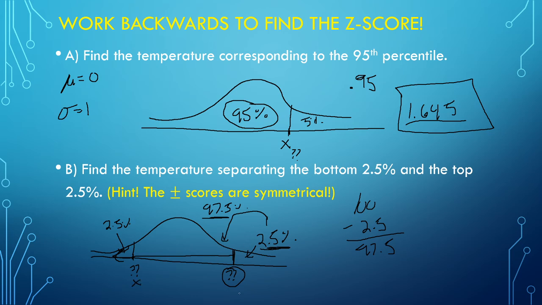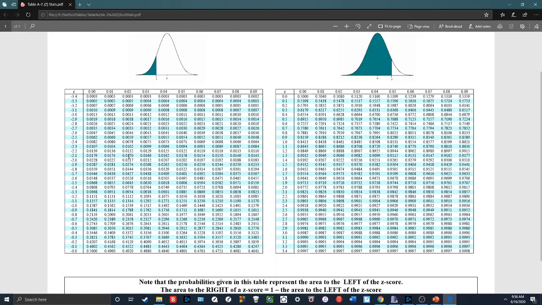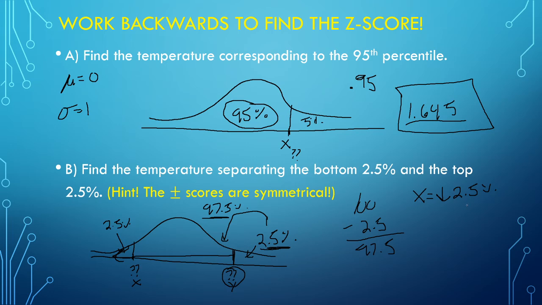Let me call this x and call this y, just so I don't have to keep drawing questions. So if I want to find the value of x, that is the bottom 2.5%. I shouldn't say less than, I should just say bottom 2.5%, but less than seems to be easier to trigger people with here. So I'm looking for 0.025, because if you didn't remember, 2.5% as a decimal is 0.025.